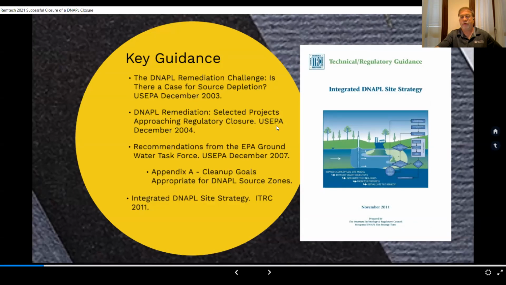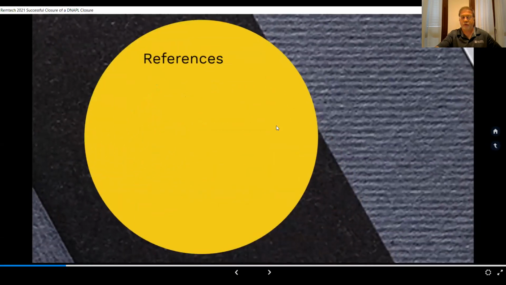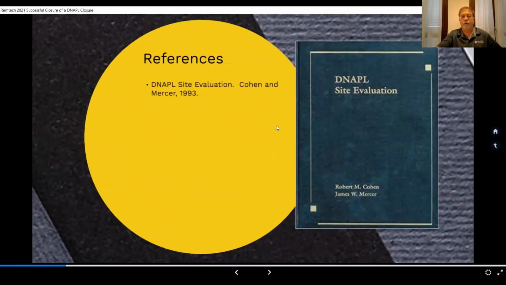Then in 2011, ITRC came out with guidance that kind of put all this together with approaches for looking at DNAPL sites and how to remediate them. There's a couple of good references that you still can get a hold of that'll be important. The first one is Cohen and Mercer in 1993, which is DNAPL site evaluation. Still a very good source for information.